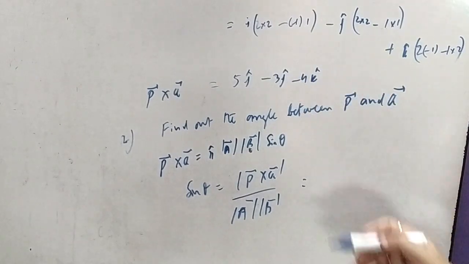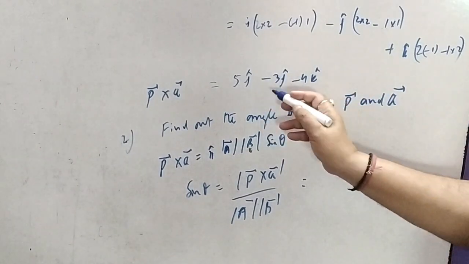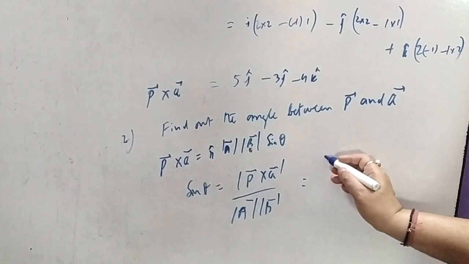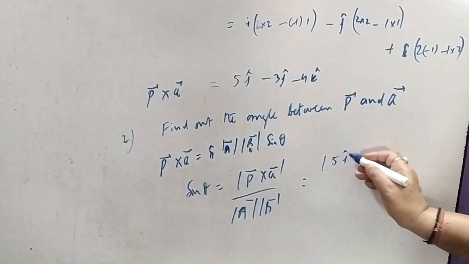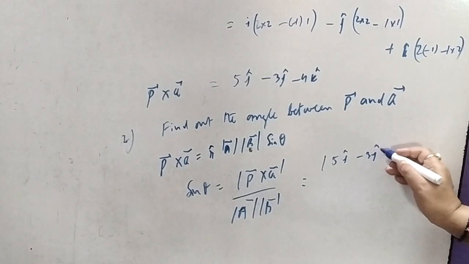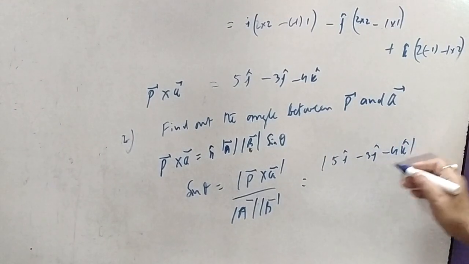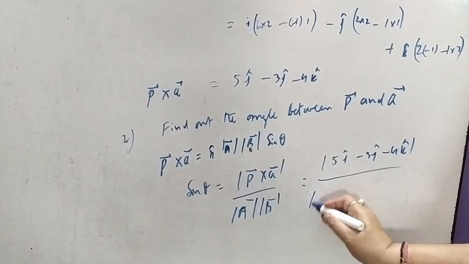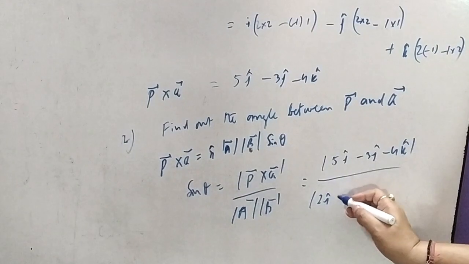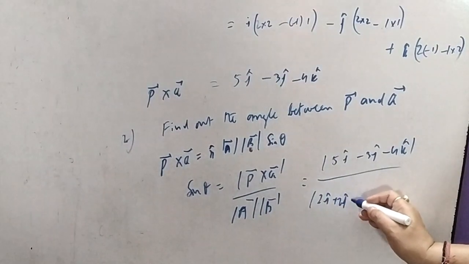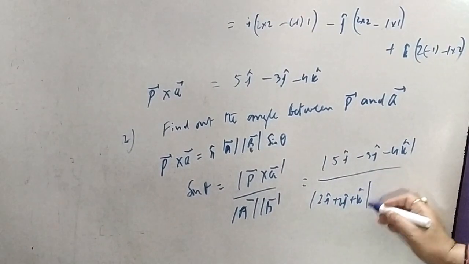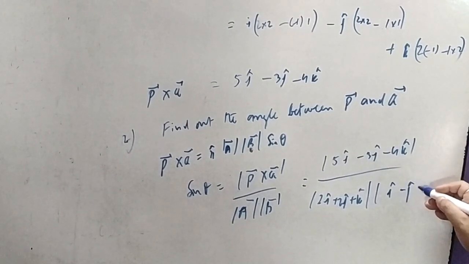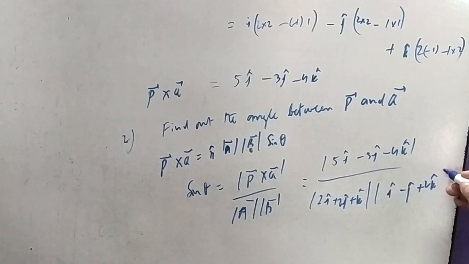After knowing this, we have to know the magnitude of P cross Q. We write 5i minus 3j minus 4k, and then magnitude of P. Magnitude of P means 2i plus 2j plus k, and magnitude of Q i minus j plus 2k.